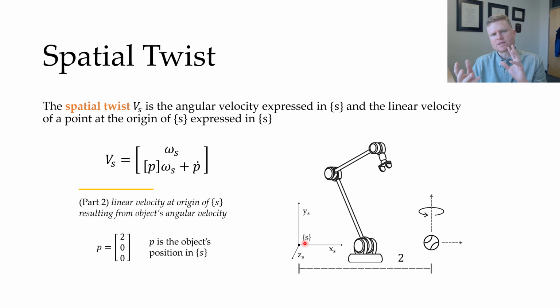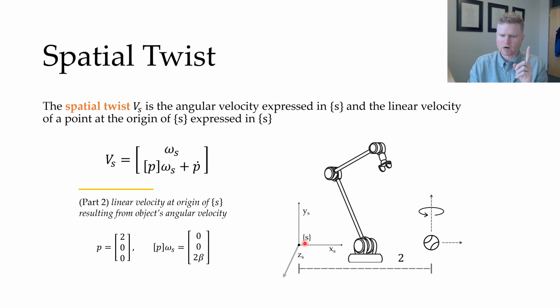And you could think about this as a moment arm, because what I'm going to do is take the cross product between p and the angular velocity, and that's going to tell me this linear velocity that results from the angular velocity of the tennis ball. Now, I said the word cross product, but there isn't a cross product here. Or is there, right? Because the bracket 3 notation for p, this is equivalent to p cross omega_S. So we're just using the bracket 3 notation instead of a cross product.